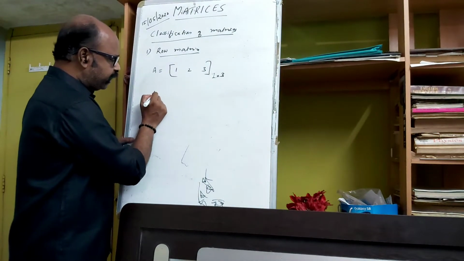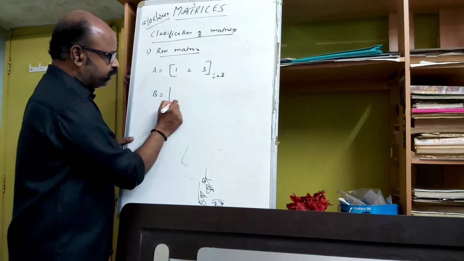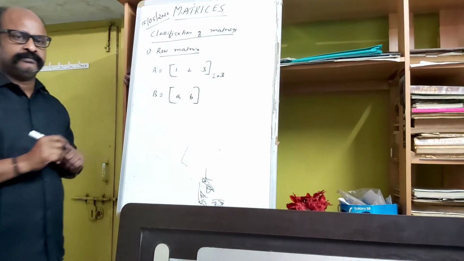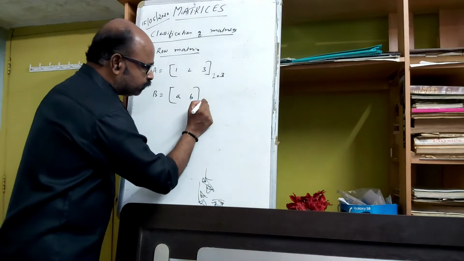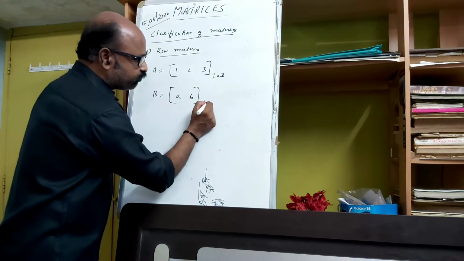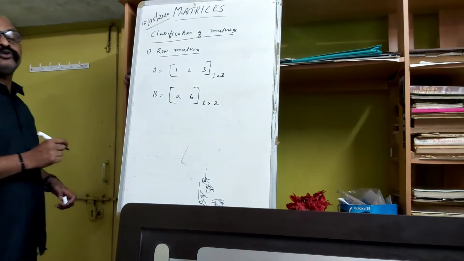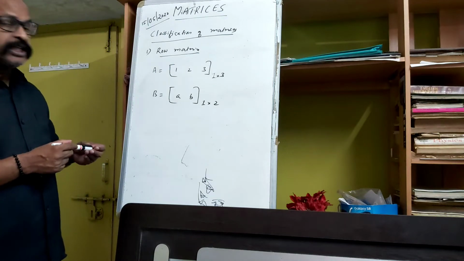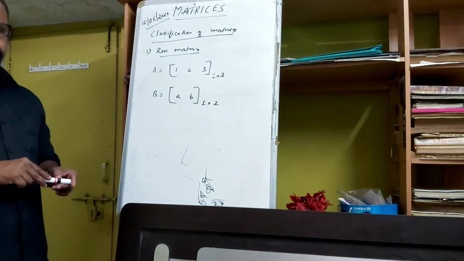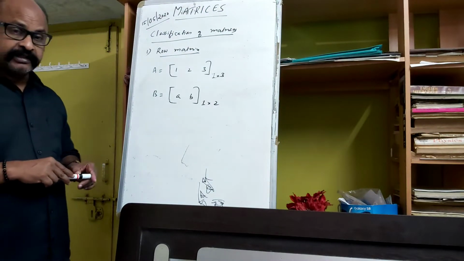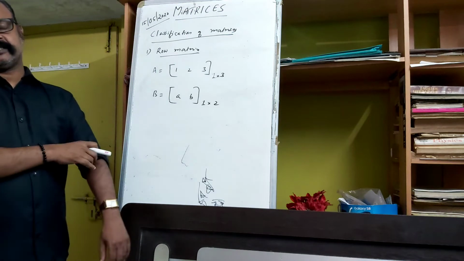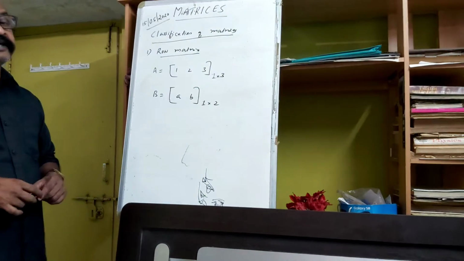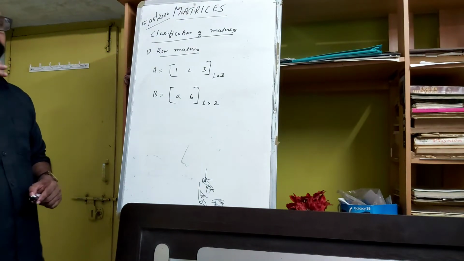We consider another matrix B. B equals matrix a, b. For this matrix, the number of rows is 1 and the number of columns is 2. That is 1 by 2. Okay. And if you closely observe these two matrices and their orders, we can see that both matrices have a common property when it comes to their order.